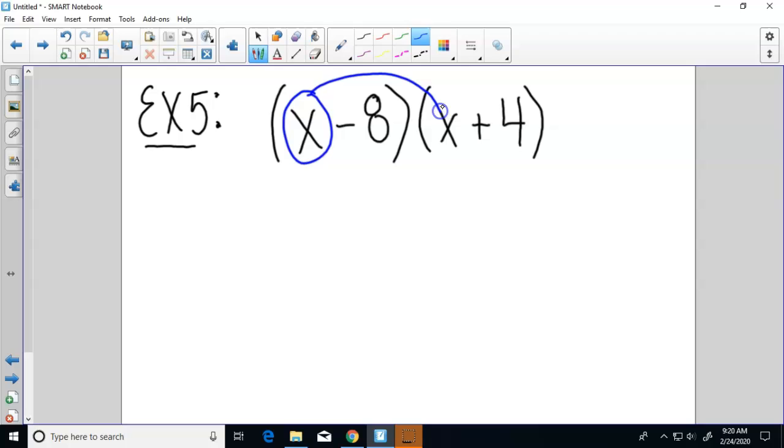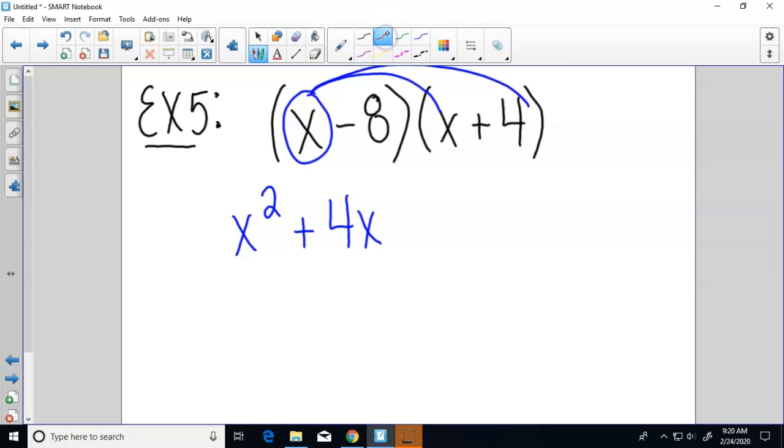We got to do x times x. We get x squared. Very good, Julie. What next? Very good. Is it plus 4x or minus 4x? Plus 4x. Because we are doing this positive x times that positive 4 right there. So when we distribute that x, we get x squared plus 4x.